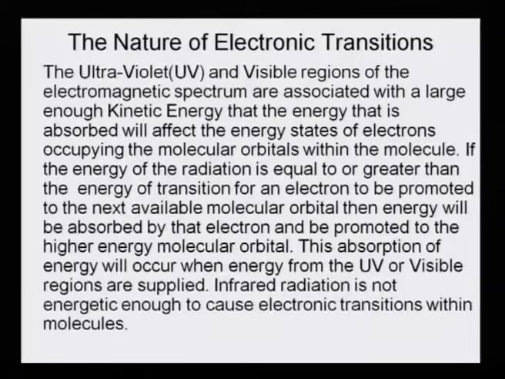The ultraviolet and the visible regions of the electromagnetic spectrum are associated with large enough energy that the energy absorbed will affect the energy states of the electrons occupying the molecular orbitals within the molecule, which means that there are unsaturated bonds, that is, pi bonds and sigma bonds.